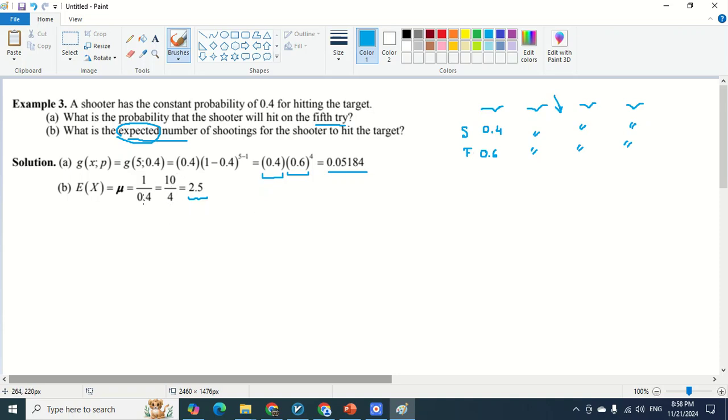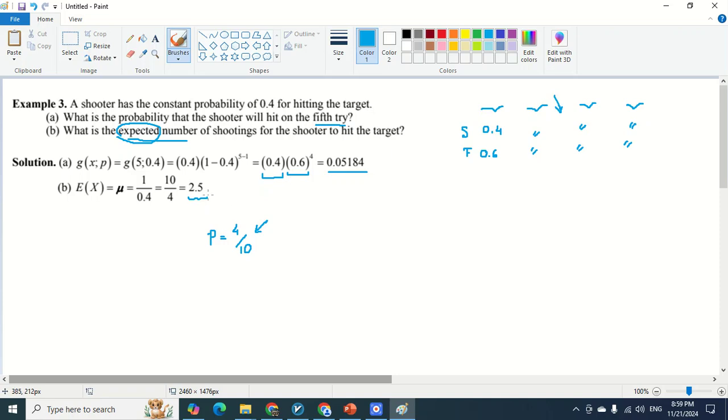It can clearly be interpreted by nature. The probability of success is 4 over 10, which means that out of 10 cases we have 4 successes, or if you want to find the first success, it's going to be at the point 2.5, between the second and the third shots.